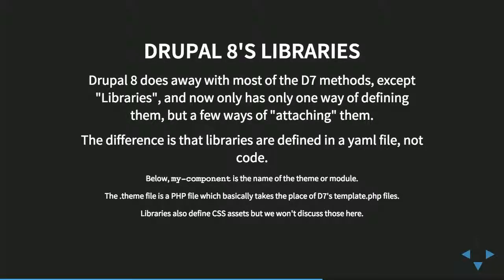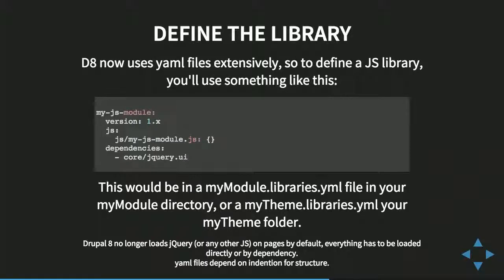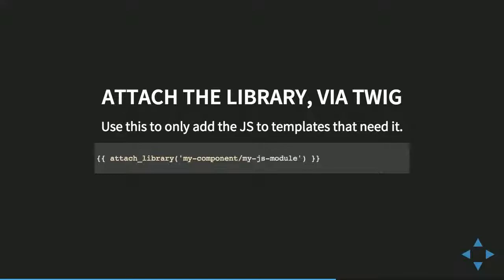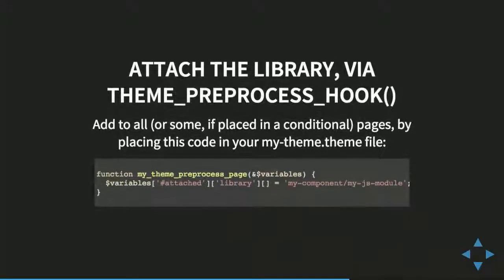Drupal 8 libraries. Pretty much the difference here is you define the library in YAML. What is different is now you can attach it and use it in lots of different ways. You can attach it in Twig. You can attach it in a theme's YAML file, so it goes everywhere in your site.